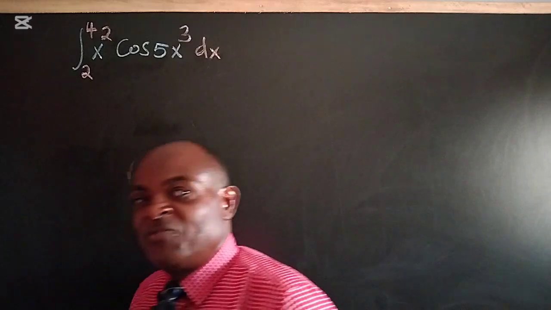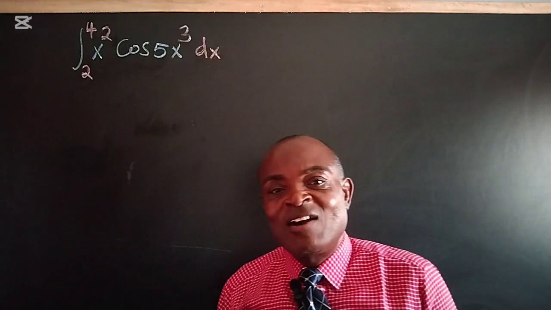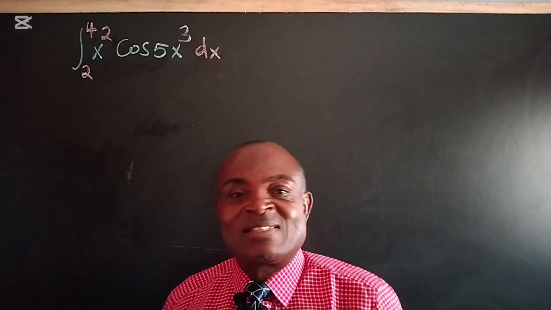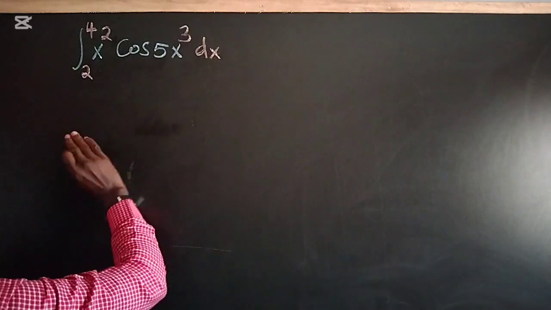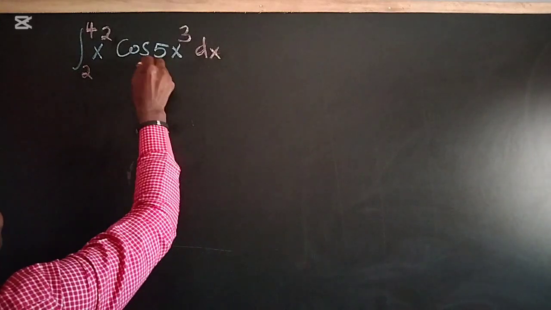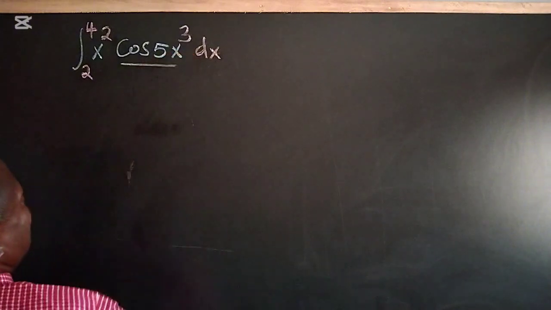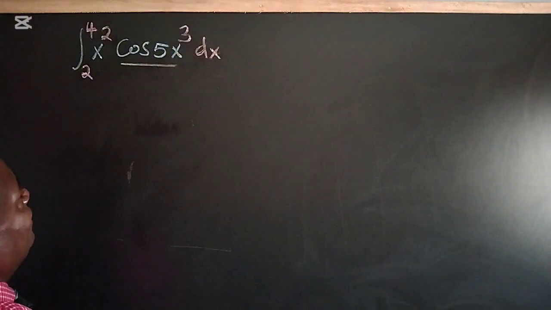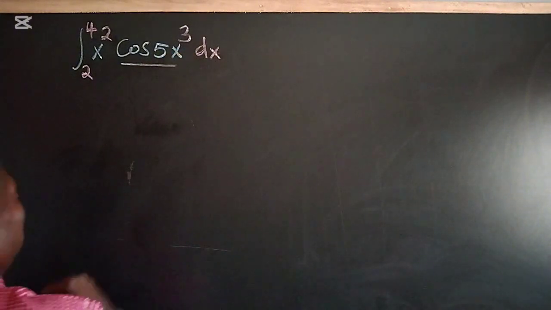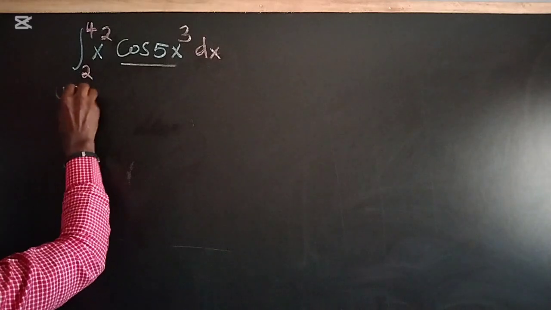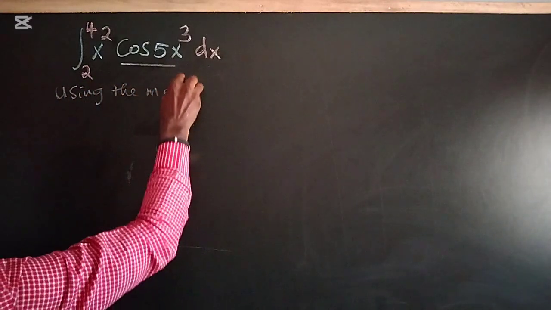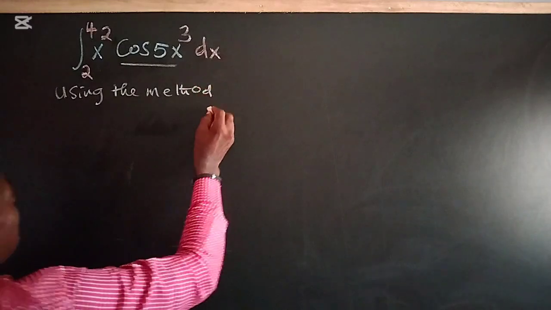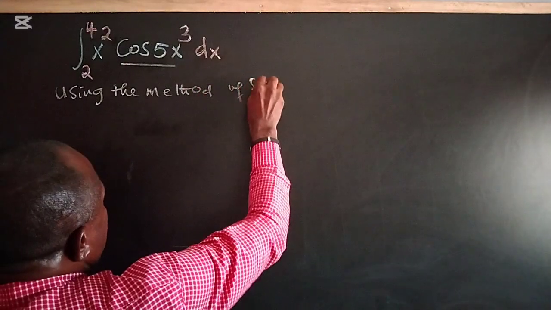So I want you to be very attentive and see how we will digest this particular problem. So the first thing we are going to do is to understudy what is here underlined, using the method of substitution.